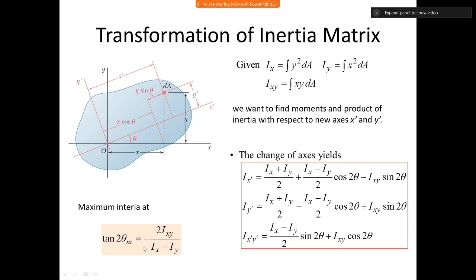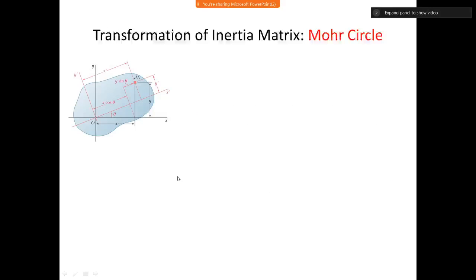By using this expression, we will be able to find the direction in which your moments of inertia are maximum, and it will also correspond to the direction which will have minimum moment of inertia. We will be discussing some examples to make these abstract things more clear, so don't worry.